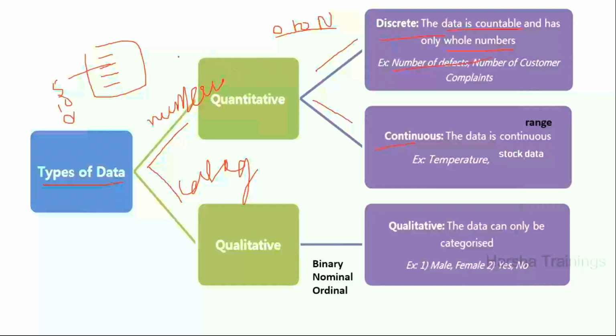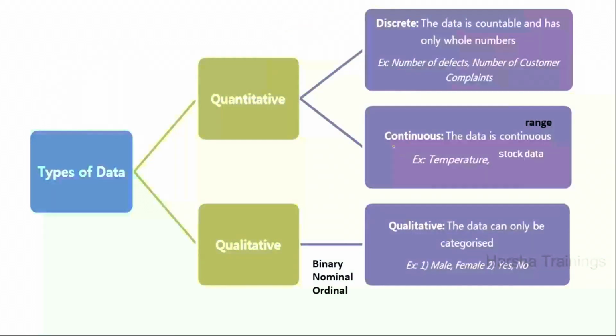It is represented in the form of whole numbers in a countable format, so I call it discrete. Another example: if I buy a product, maybe a washing machine, fridge or TV, and it gives some problems, I will raise customer complaints. The number of customer complaints is also an example of discrete data. Clear for you?